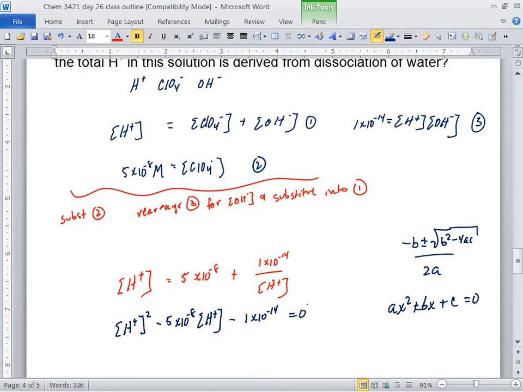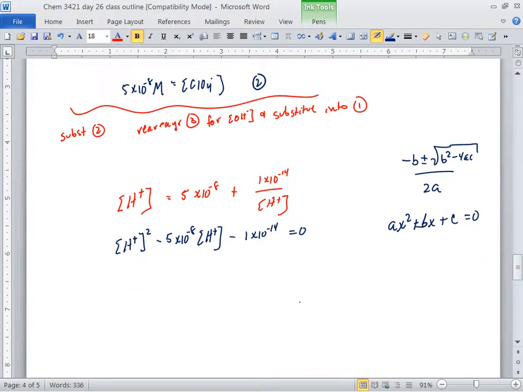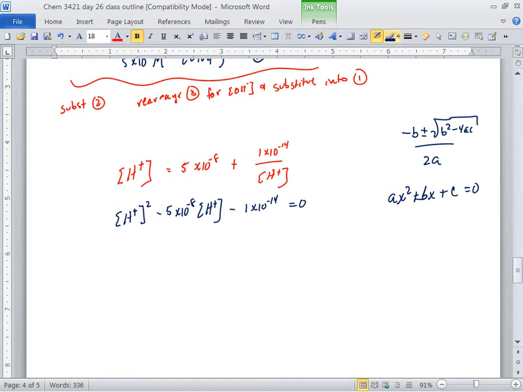So I know what my A, B, and C are. Substitute them into the quadratic expression and see what you get here.